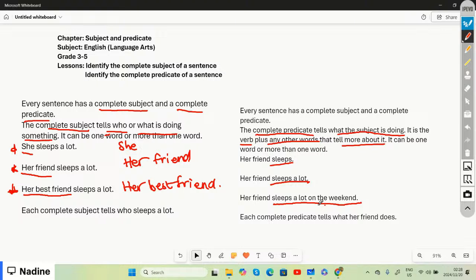All right. So that is our predicate. So overall, we say that each sentence needs to have a completed subject as well as a completed predicate. A completed subject tells us who or what is doing something, and it can be one word or more than one word. And then we have a completed predicate.